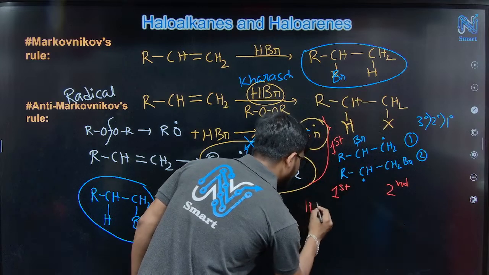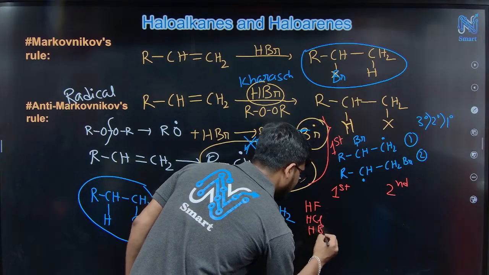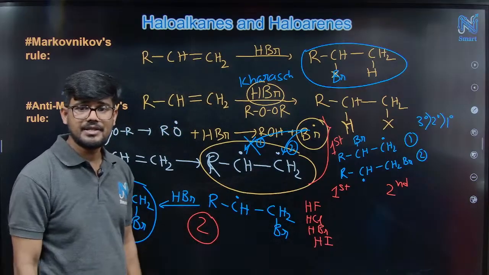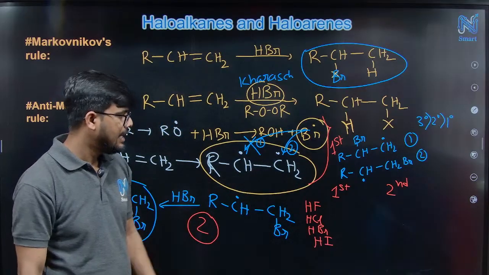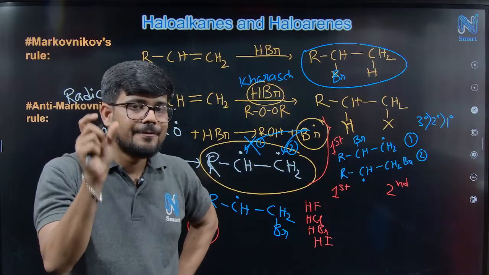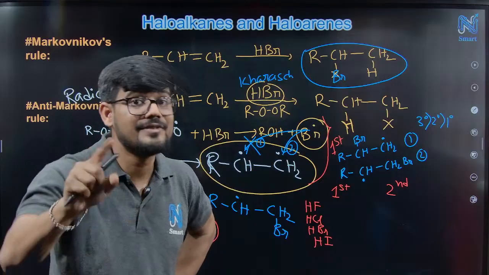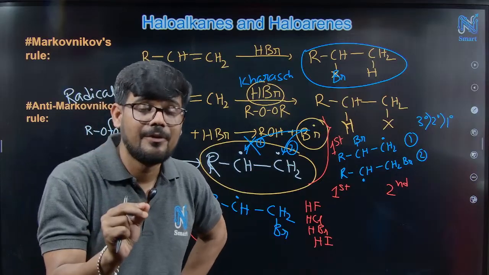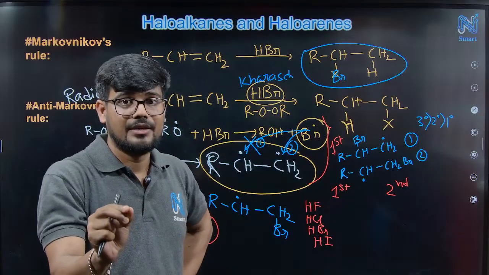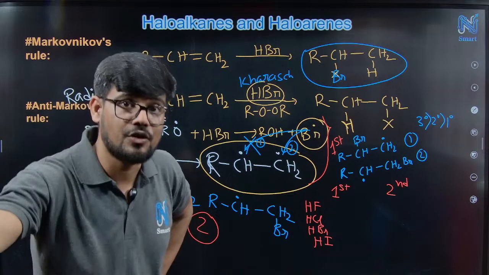Now if you compare HF, HCl, HBr and HI, these four things, always remember, in a radical mechanism, if reactions are exothermic, meaning heat producing, then it is a self-sustaining process.